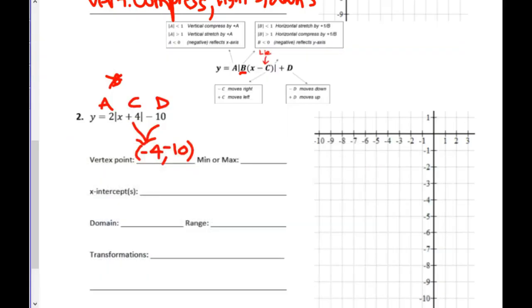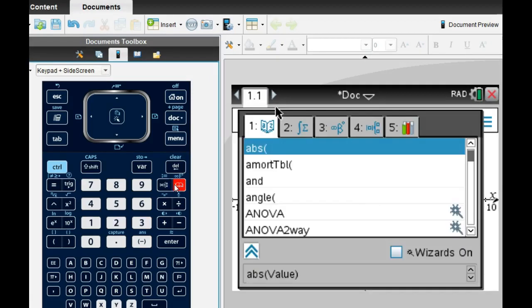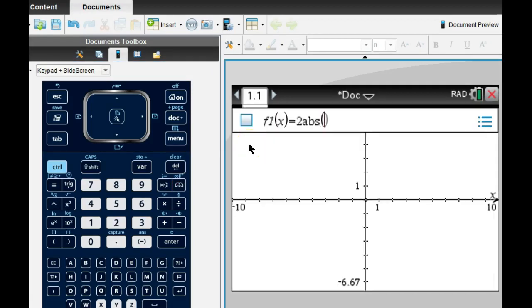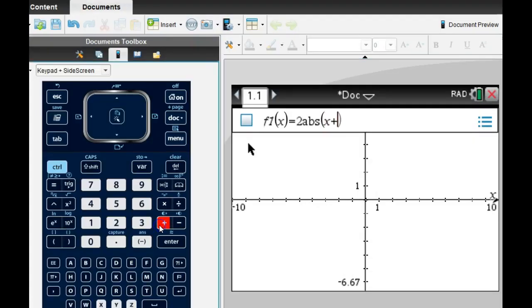I'm going to press 2. And then I'm going to do absolute value. So let's press 2. How do I get absolute value? What do I press? Abs. Okay. And then x plus 4 on the inside. Go to the right.